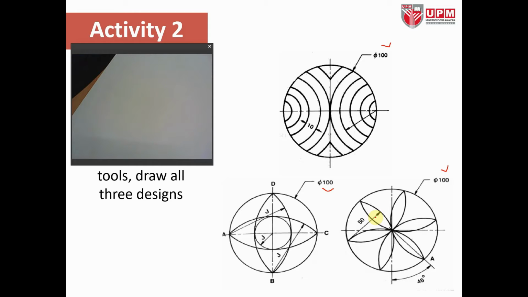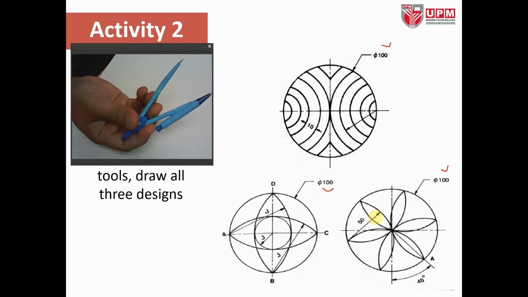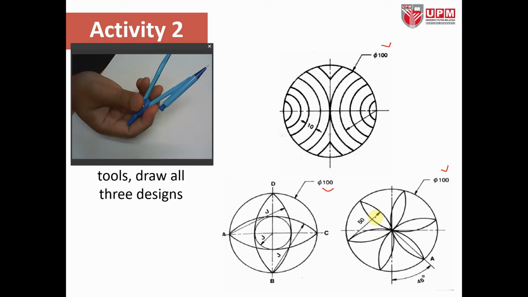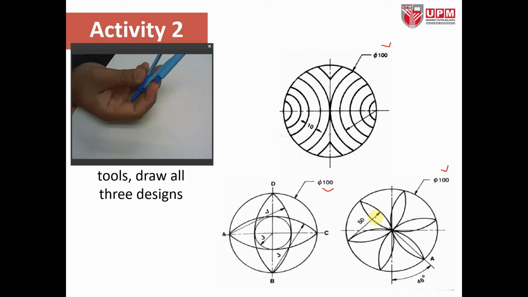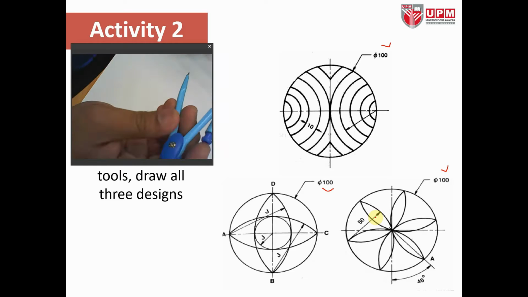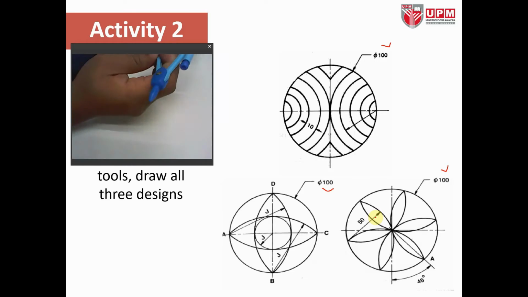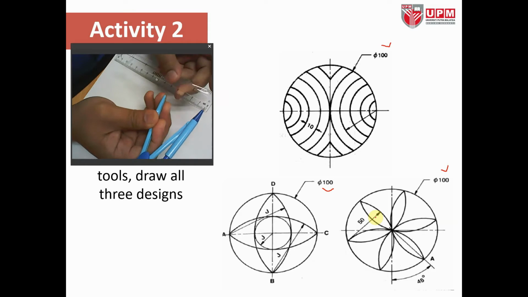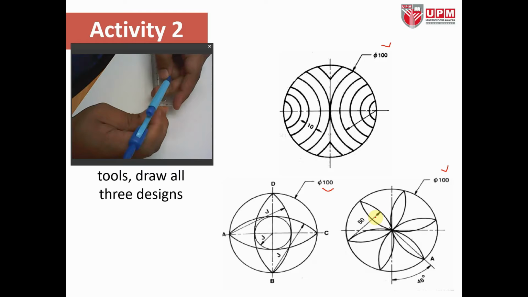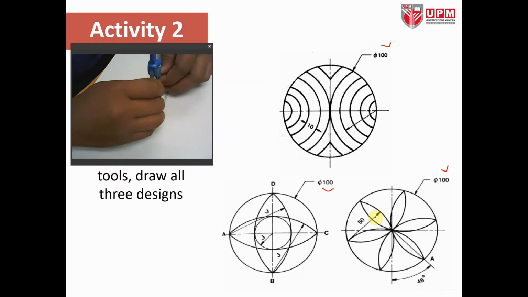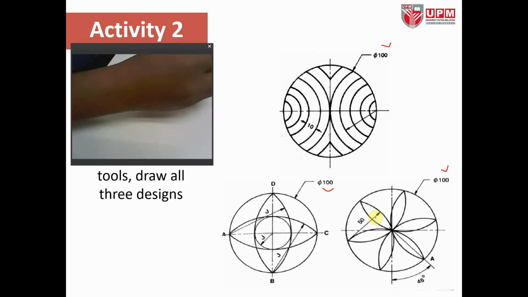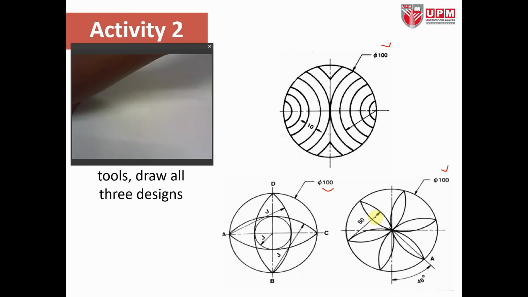When it comes to 100 mm diameter, if you want to use the compasses, we need to make sure that because the compasses draw in radius, we need to divide by half. So the radius for all the circles is 50 mm. We need to use the ruler to guide the compasses. So here is 50.